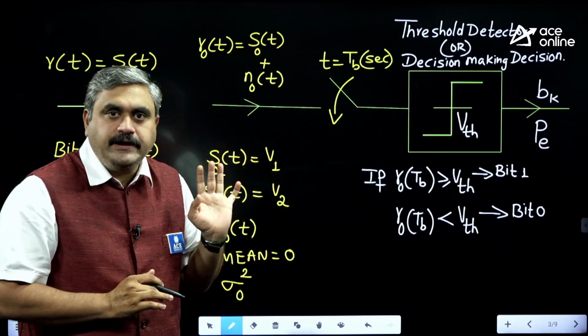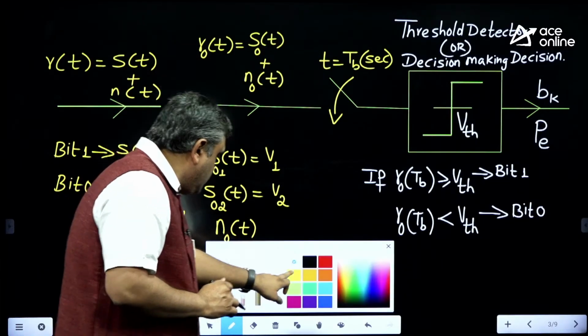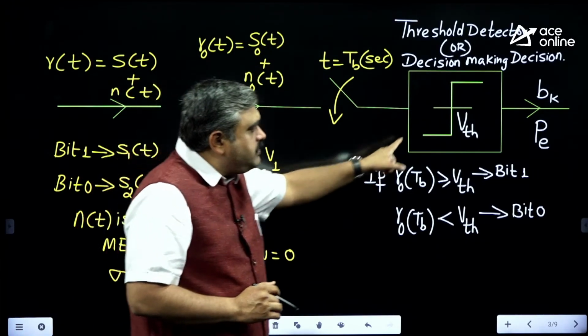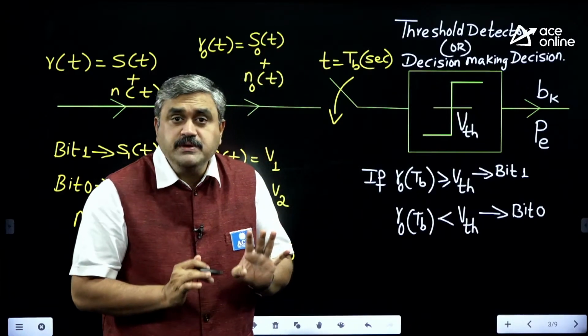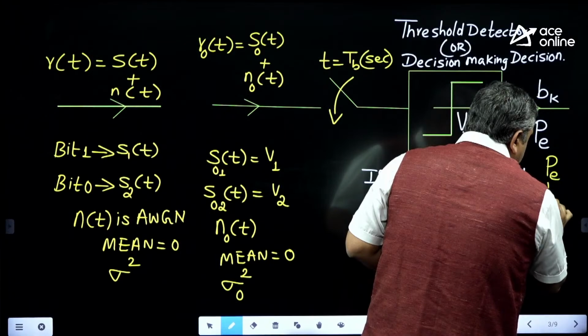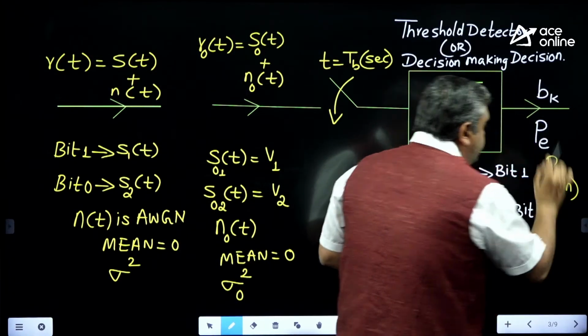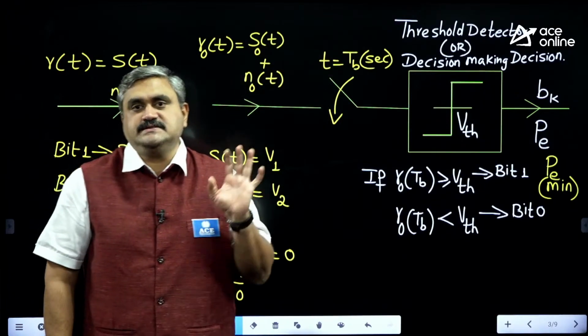Got my point? Now, what is our target? Whatever probability of error you get here has to be minimized. Any communication receiver, you should not leave as it is. You have to see that the probability of error you are getting is minimized.